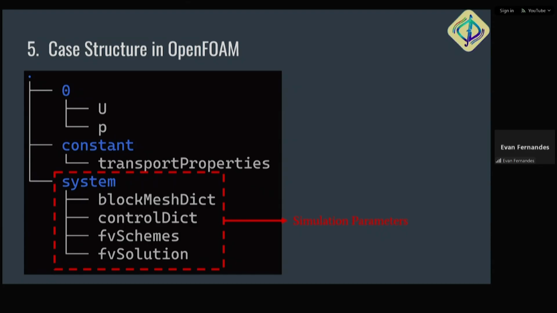Within the controlDict, you can also specify any post-processing utilities, as I mentioned, if I want to compute the forces or the coefficient of lift or drag. After that, you have your fvSchemes and fvSolution. As ma'am said, these are the things that will solve your equations, and set how much relaxation factors you want.